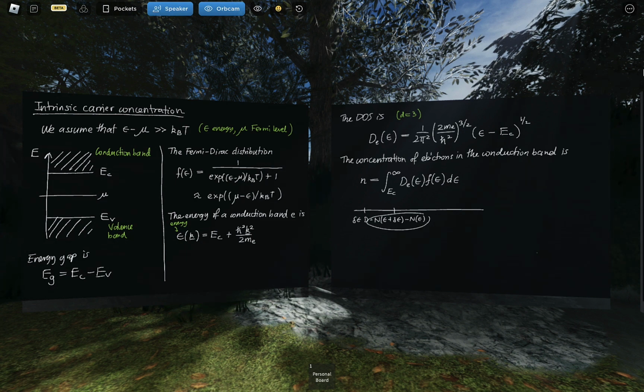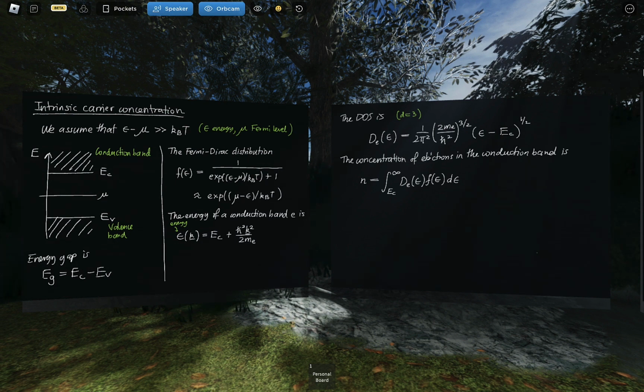I'm saying how many states are in this particular band, times the probability of finding an electron in that state. So I go through every one of these energy levels and multiply the number of states by the probability, and that counts how many electrons there are in the conduction band. That's this number here, n.